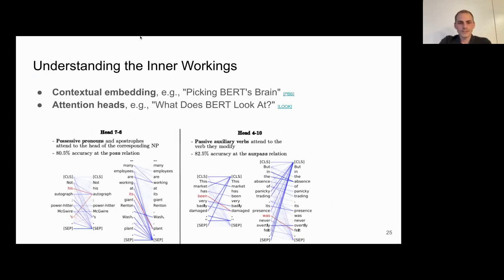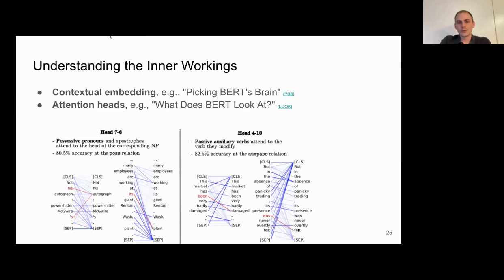Another direction of research is to look into the models and try to understand what's going on inside. I previously did not explain what attention is exactly. In this case, just think of it as a way of different positions in the sequence looking at other positions. This is what these blue lines are indicating here.